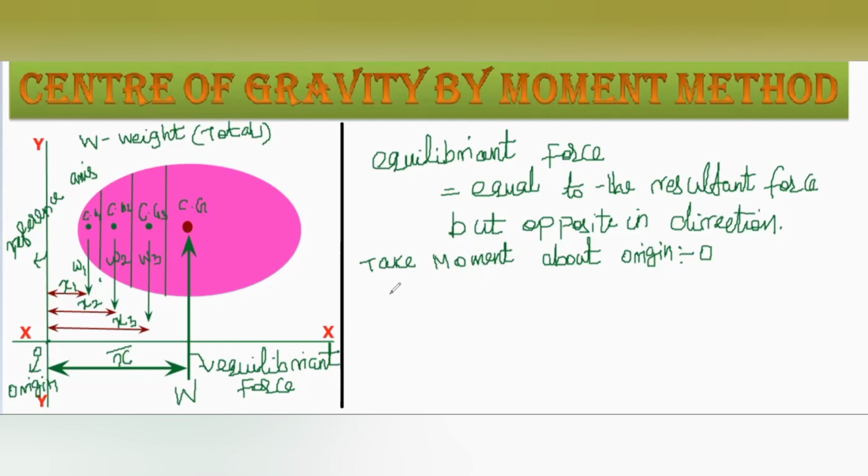That I am going to mention here. When you take moment about origin, we know that when you consider equilibrium force, then this will be in equilibrium. So summation of moment about O equals 0. This you can use for any equilibrium objects.